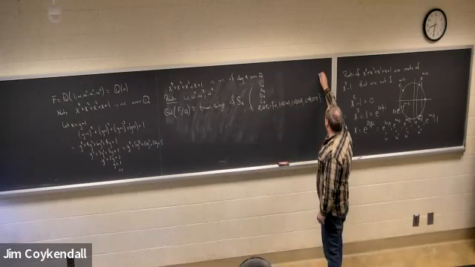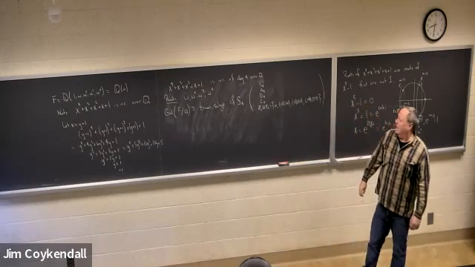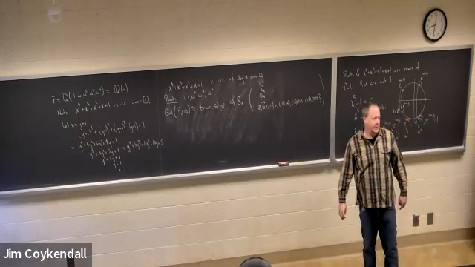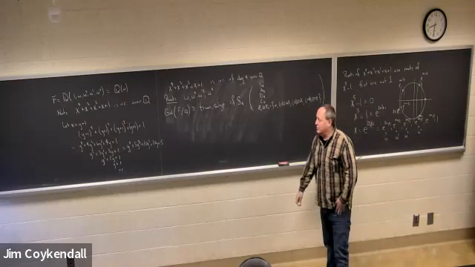There are other Z2s inside of S4, but that's the one that's transitive because this allows you to permute all the roots.